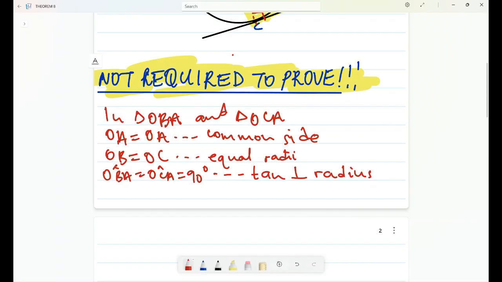Remember when we were doing Theorem 1, if we have a side as well as a 90-degree angle, you have proven congruency using this reason. Therefore, triangle OBA is congruent to triangle OCA. Why am I saying that? RHS.